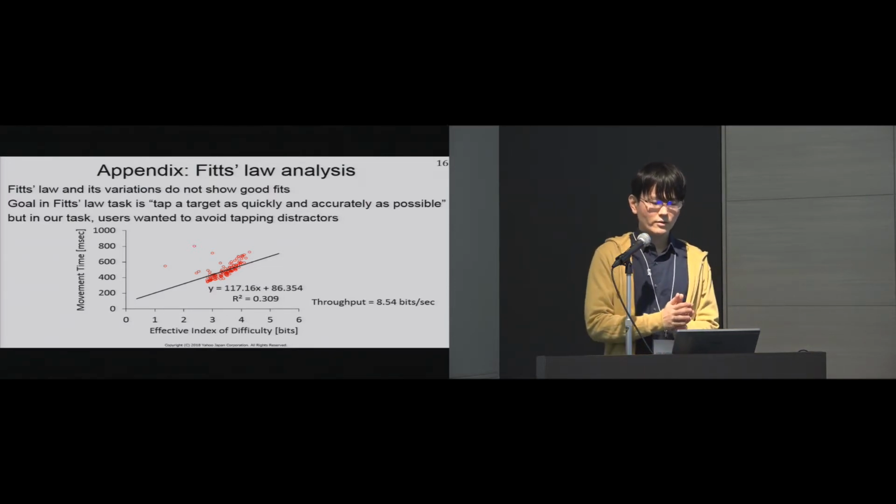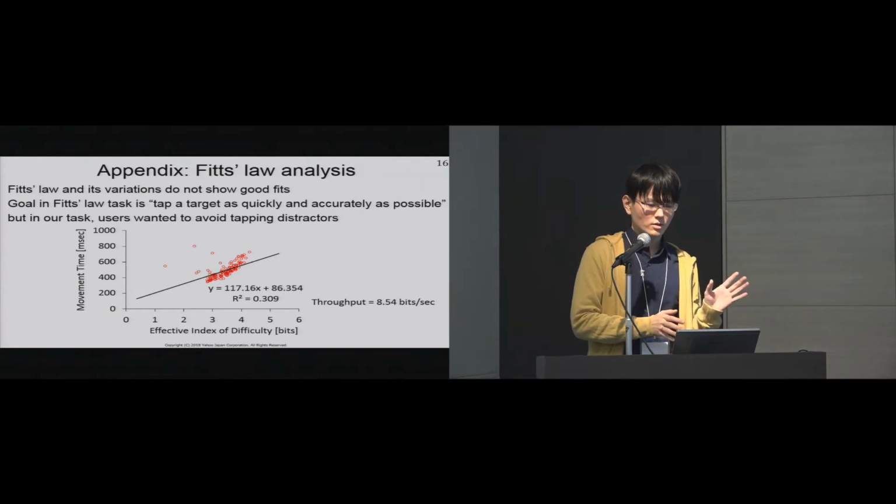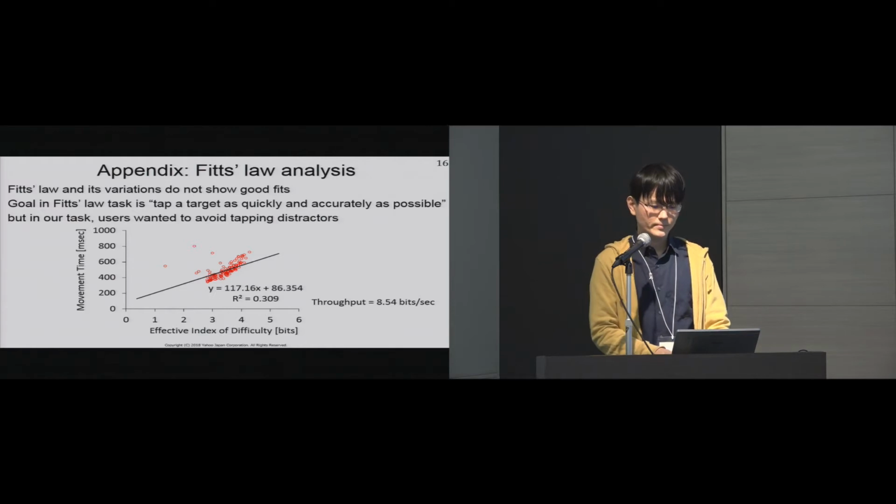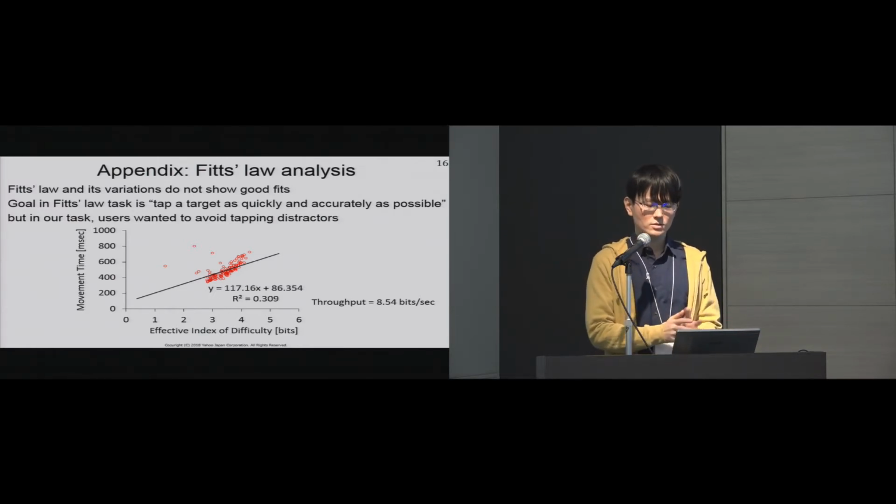So even if the target size is same, tap point distributions would change depending on the closeness to the surrounding distractors. So the Fitts law effective width method didn't show a good fit. So another negative effect of distractors was that designers cannot predict the average operation time using performance models like Fitts law.